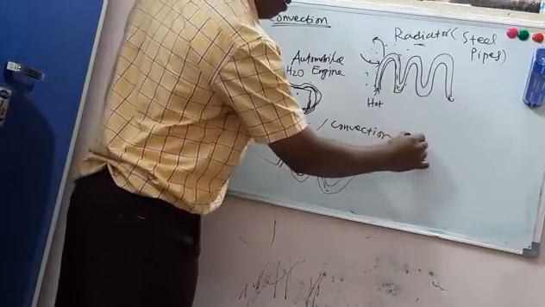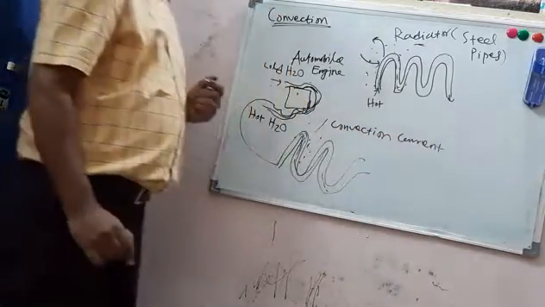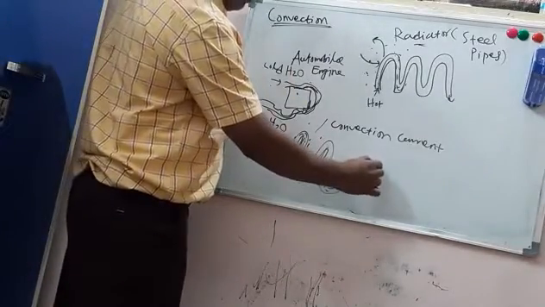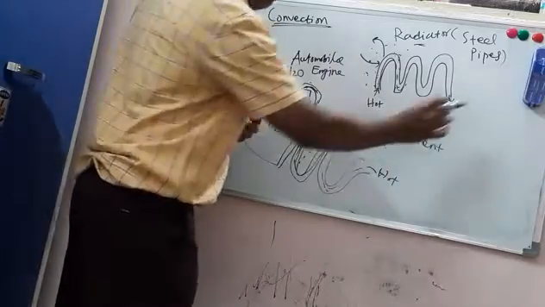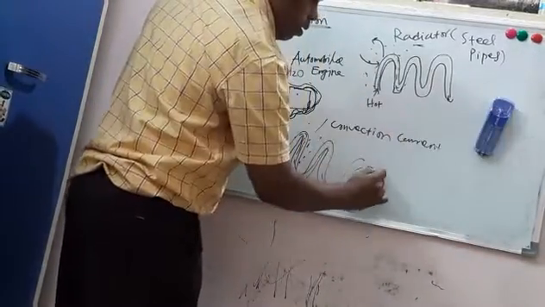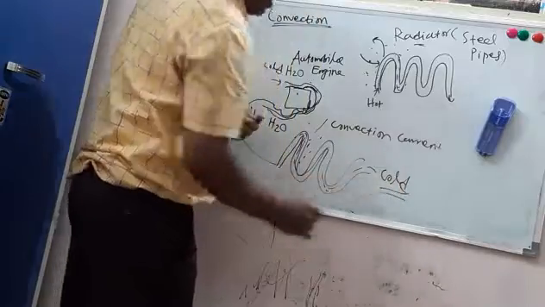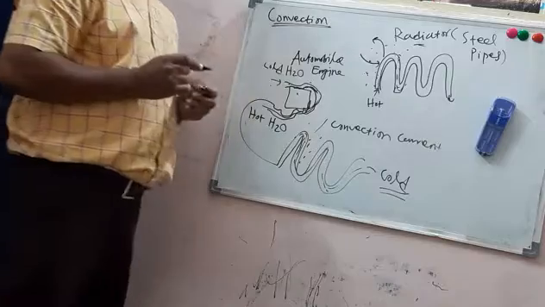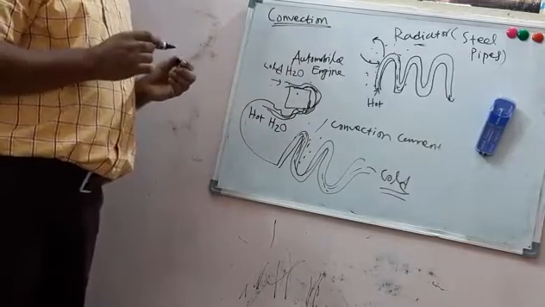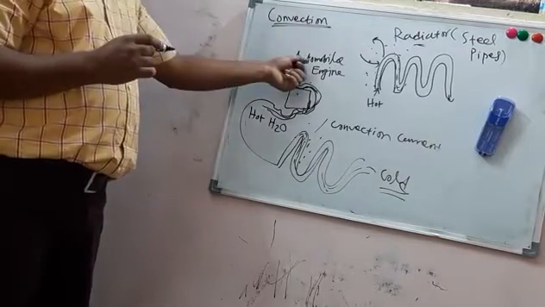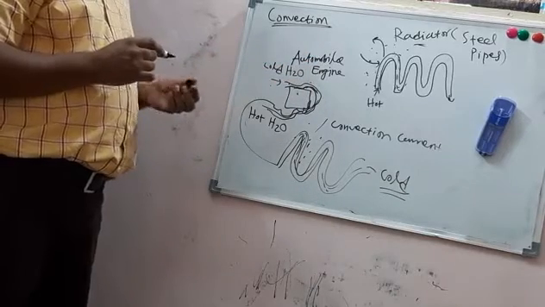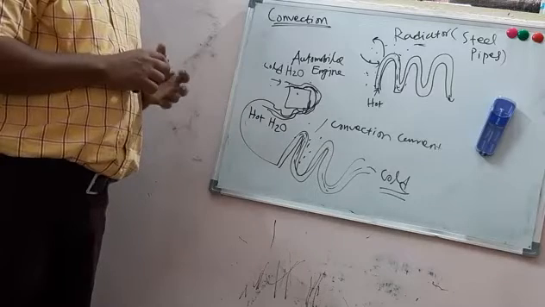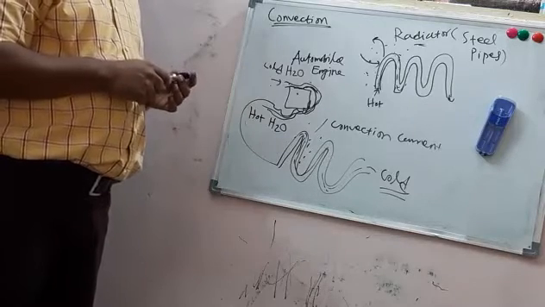So now this water becomes cold, and it will be again circulated to the engine part. So this process will continuously take place. So automobile engines use combined usage of conduction as well as convection modes of heat transmission.